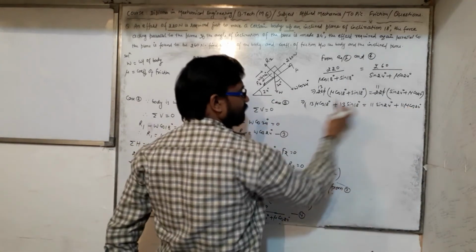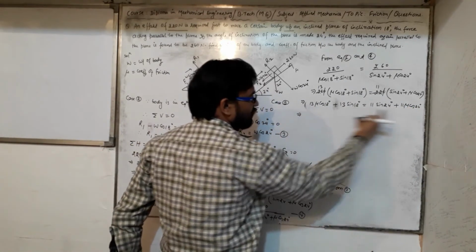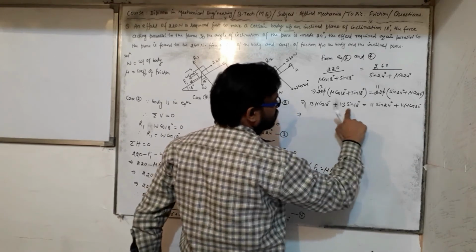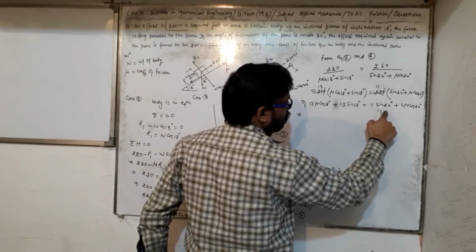If I take the mu term to the left hand side, it becomes minus, and transposing this to the right hand side also becomes minus.